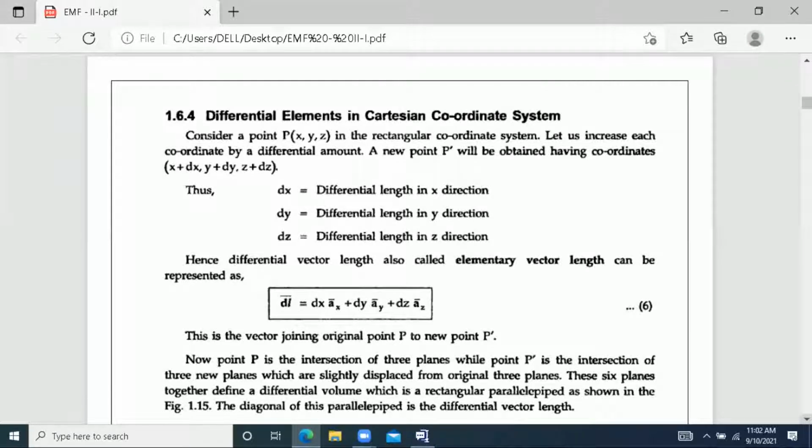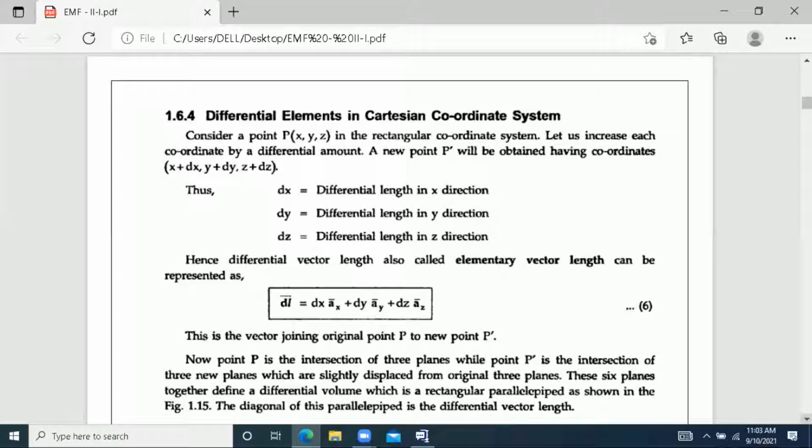First, we want to deal with the Cartesian coordinates. We said we were going to deal with just three coordinate systems: the Cartesian coordinate, or the rectangular. Cartesian and rectangular is the same thing.